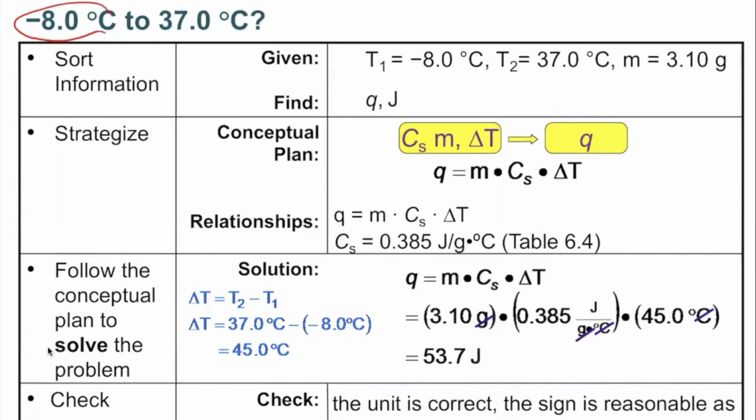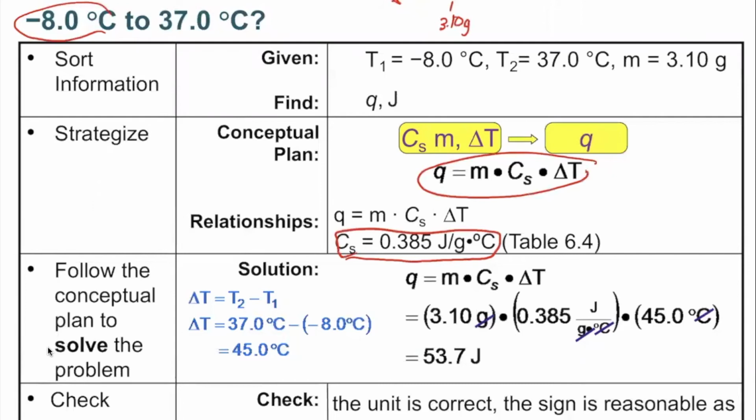The equation you're going to be using is Q equals m c change in T. They're already giving you the mass, 3.10 grams. The specific heat will be given to you also. It's also in your textbook, but that number will be given.